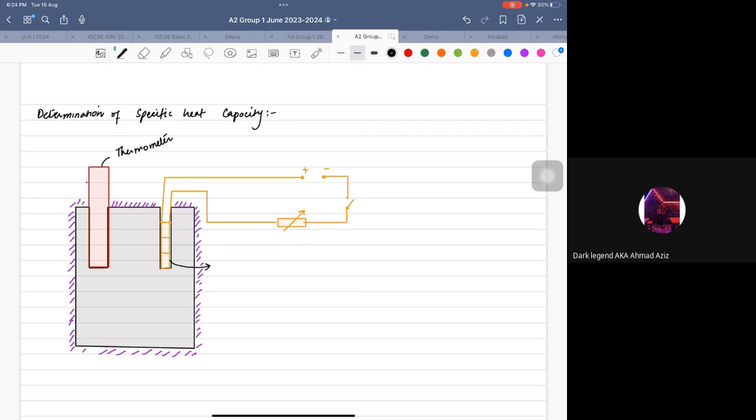This would be the low voltage heater, because we don't want the wires outside to get hot. This is a variable resistor. This, my friends, is the supply. That's right, power supply. This would be the switch, like that.